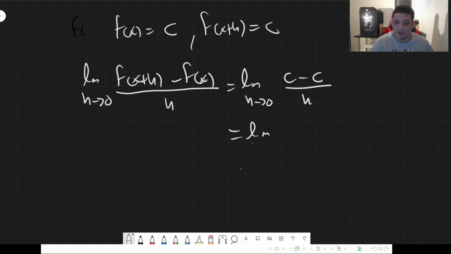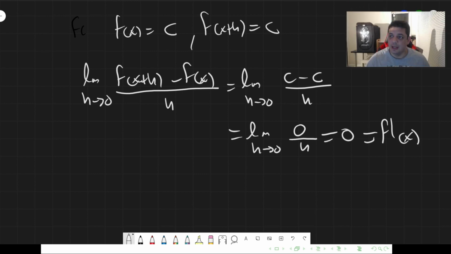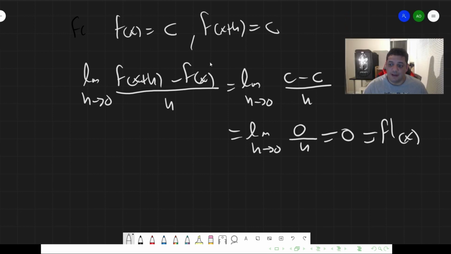Okay, and so that's going to produce a 0. And it's going to give us the function of the derivative of that constant. So for any constant that we have, the derivative is 0.